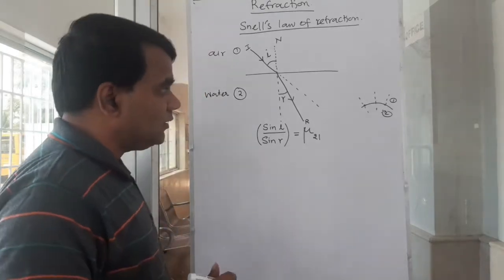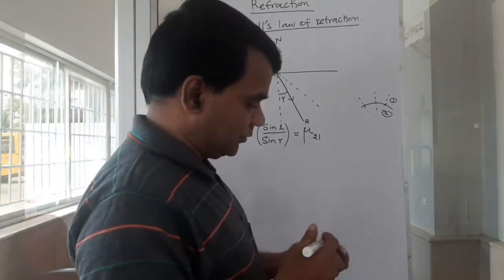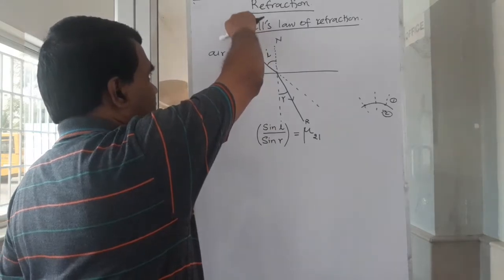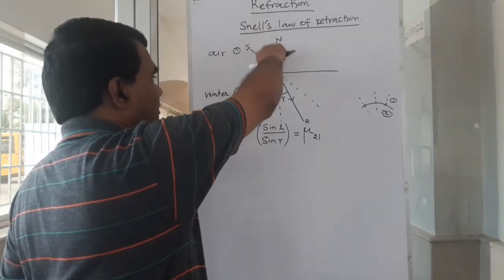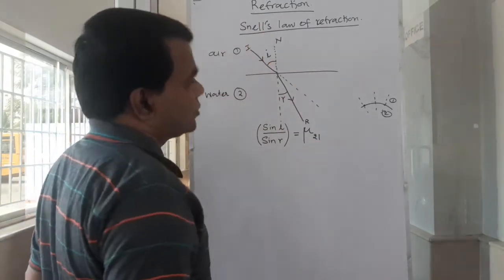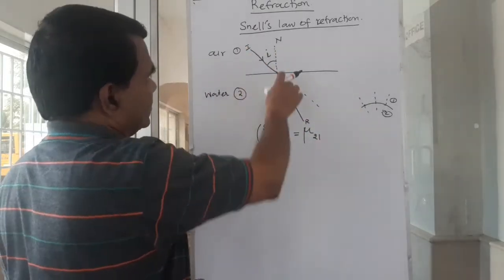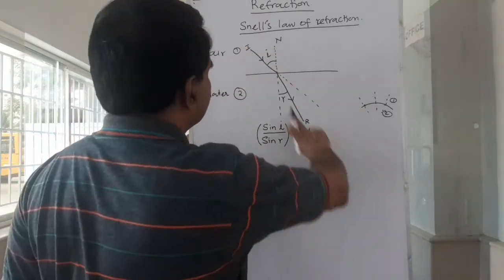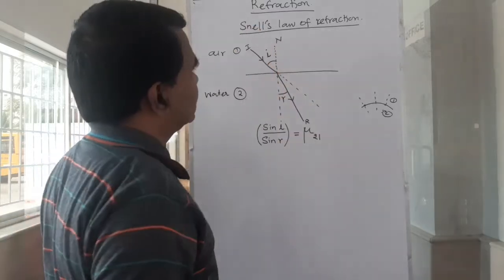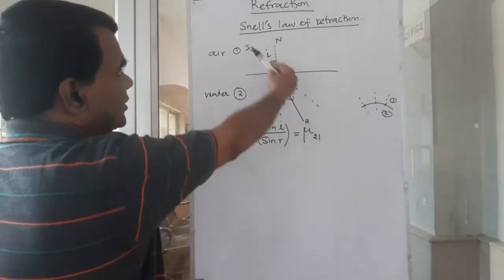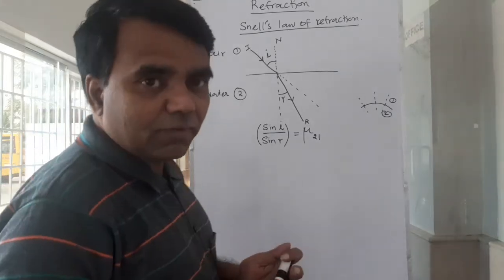And there is one more thing about this. I have talked about light traveling from medium 1 and entering into medium 2. This is a different medium, right? This is air and this is water. But what if light travels from water and enters into air? What will happen if I reverse the direction?